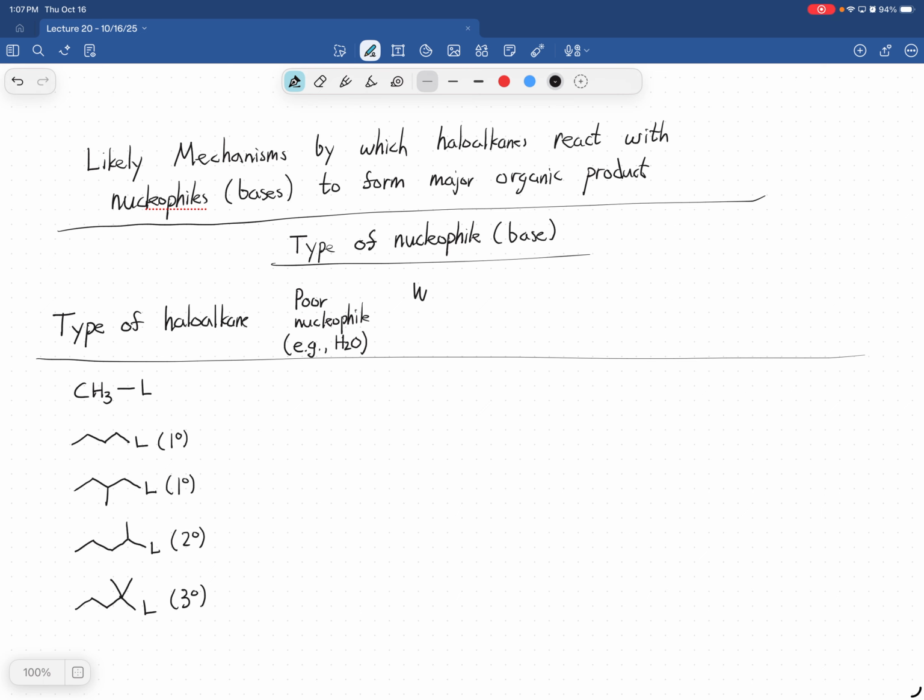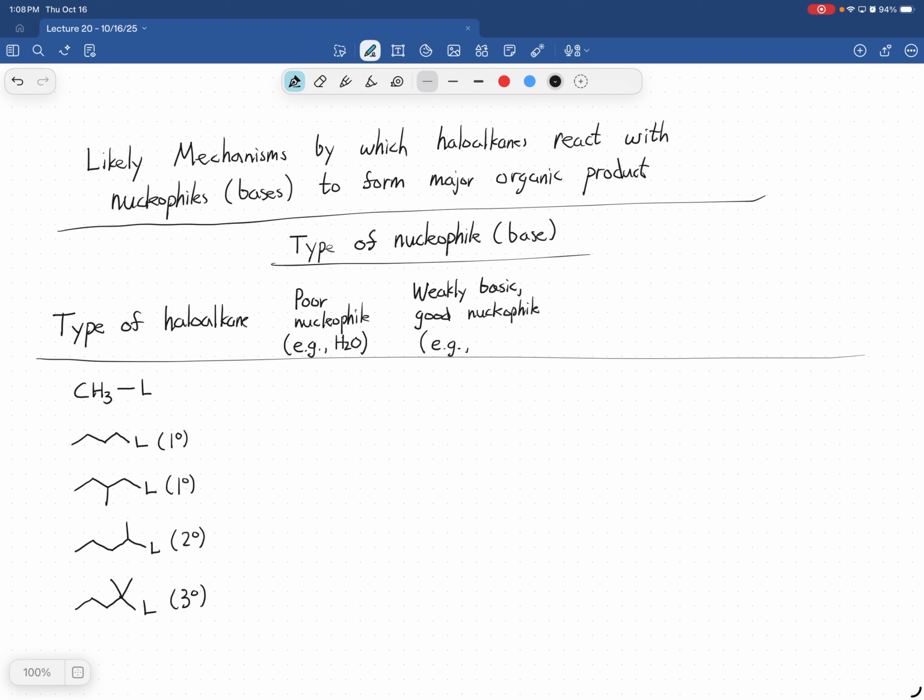Now we have to talk about weakly basic. It's not a poor nucleophile, it's a good nucleophile. Does anyone remember a good nucleophile that is not a very good base?